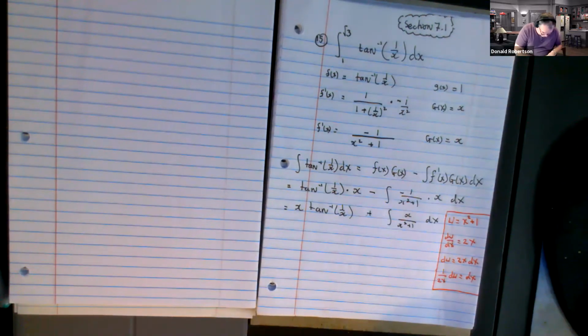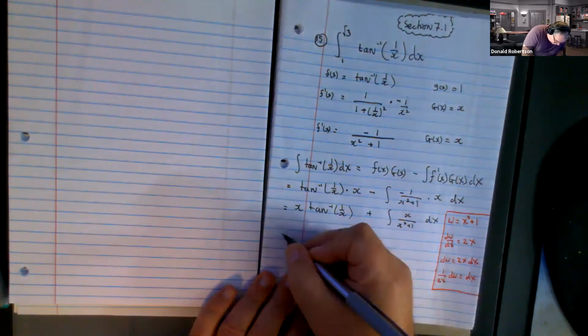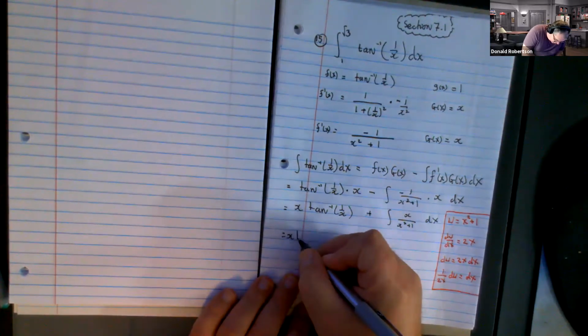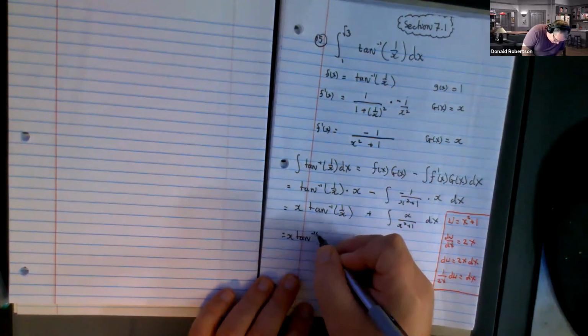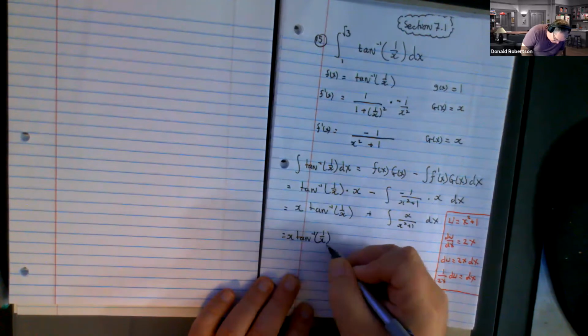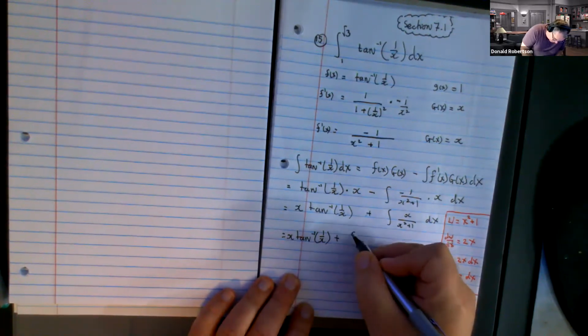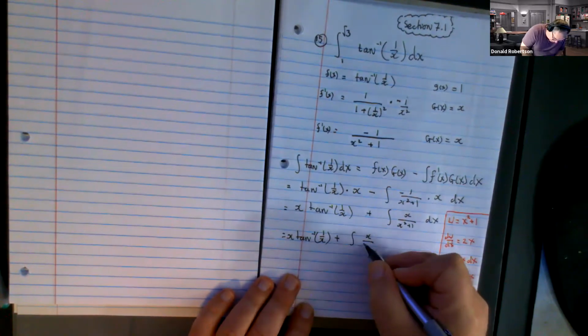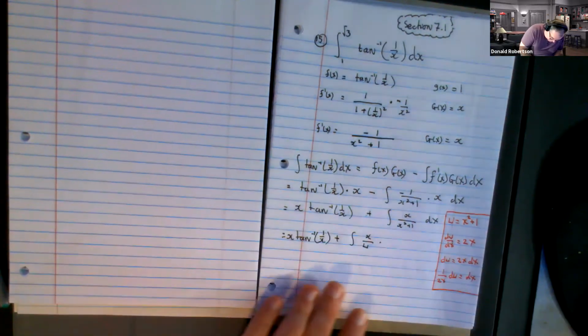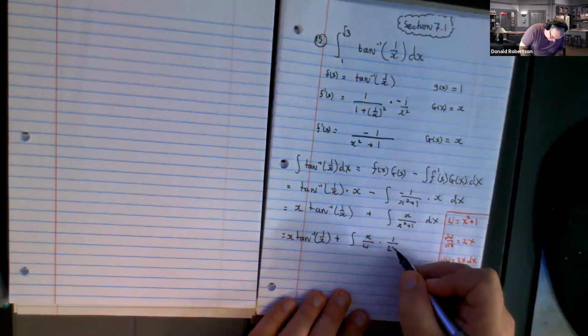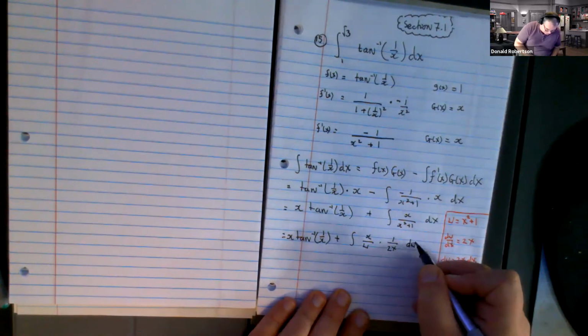So our question is going to turn into x inverse tan of 1 over x plus the integral of x over u times 1 over 2x du.